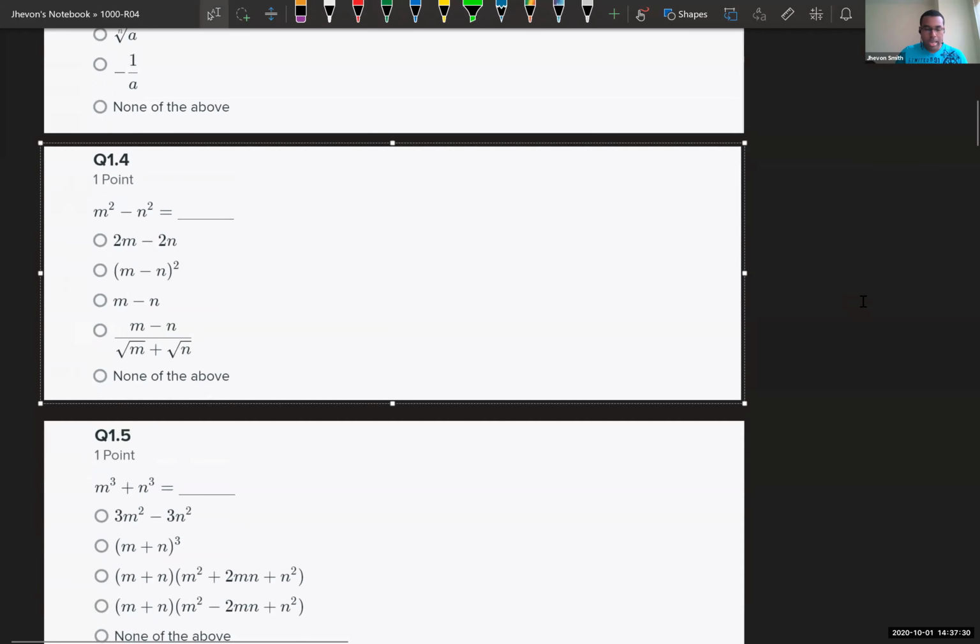What about m squared minus n squared? None of the above. None of the above. Can you actually tell me what that is equal to? If you were to complete a rule for that, what is that? So it's none of the above. What would a possible answer be? M parentheses m minus n parentheses m plus n. Right.